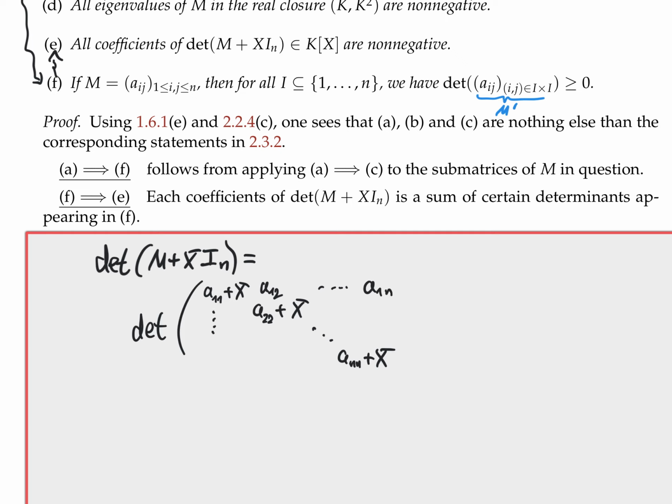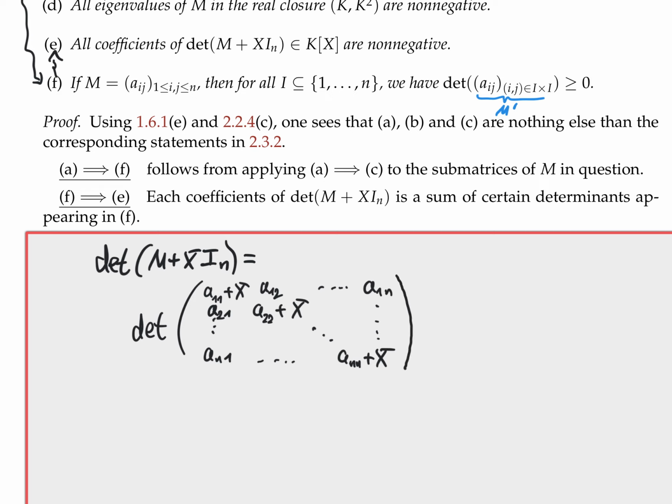And here you have AN1, A21, which is the same as A12, but that doesn't matter now. I don't need that, it's symmetric now. And so on. On the diagonal you always add x's, and otherwise it's just the matrix M, of which you take the determinant.